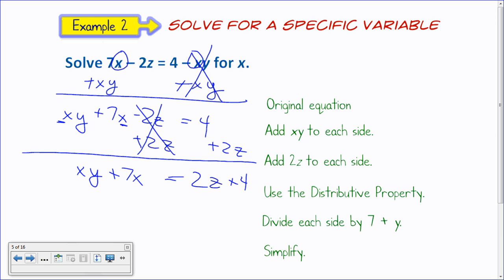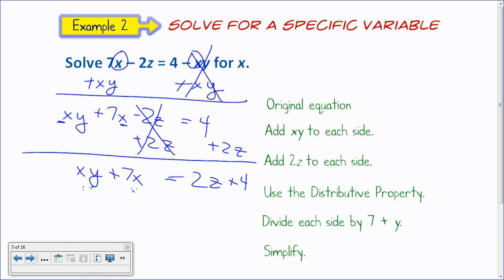Okay. Now, let's look at this. You guys watch this because this is where it gets a little bit involved. Do these two terms right here have something in common? They both have the same x.